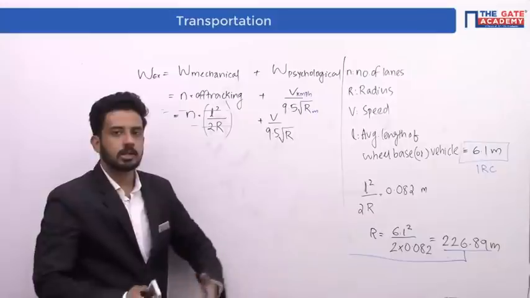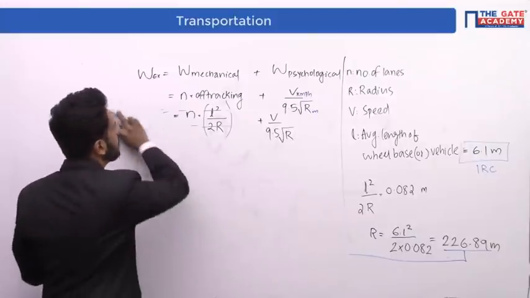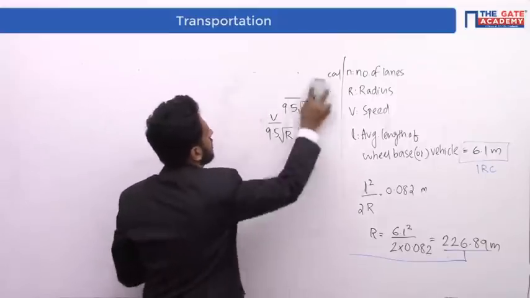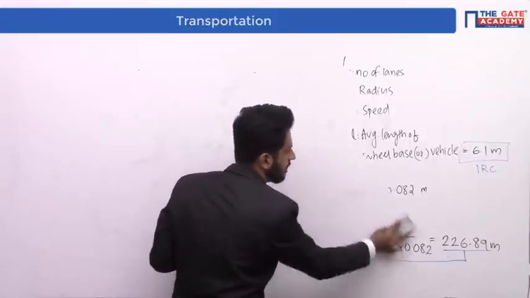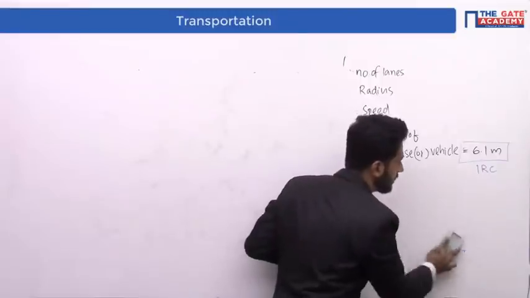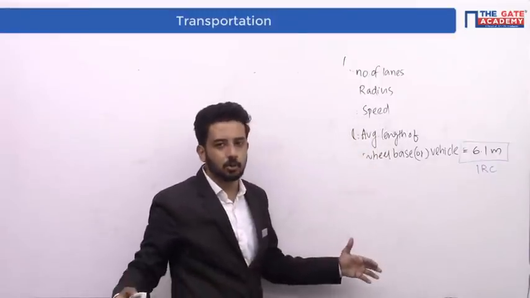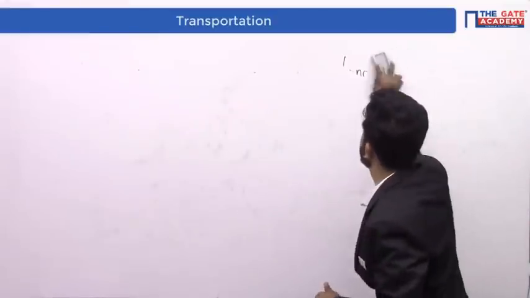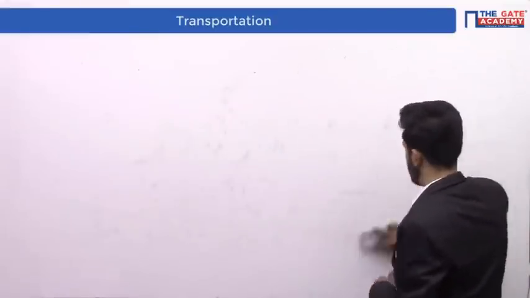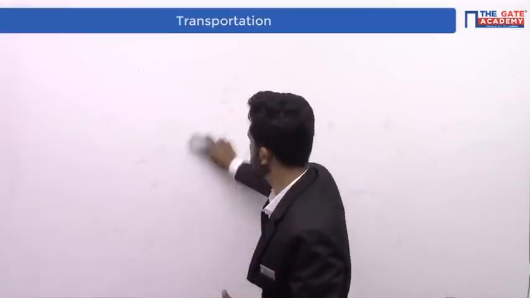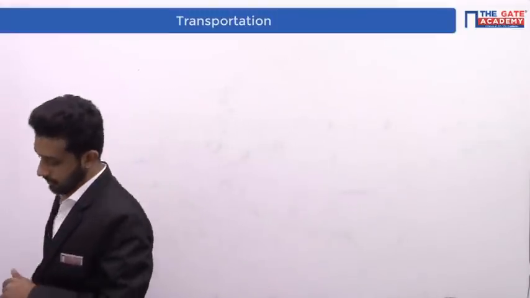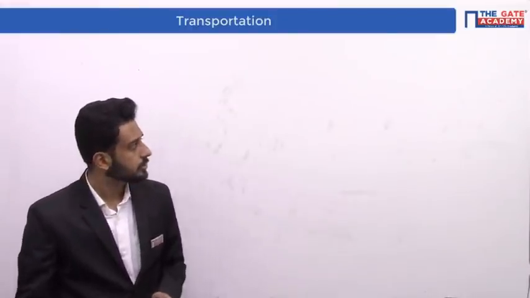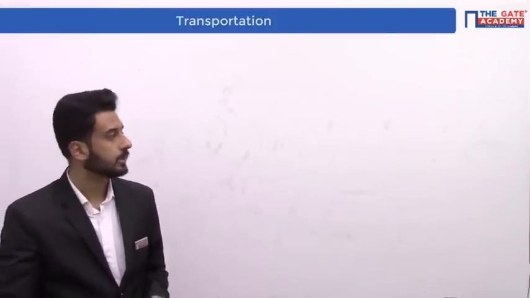Sometimes they can ask you what is the extra widening required due to the psychological reasons. Okay. The psychological tendency of the driver to keep more distance sidewise when they are moving on a road. Okay. So that is extra widening due to psychological reasons or psychological extra widening. Fine. So I hope you have understood that concept.